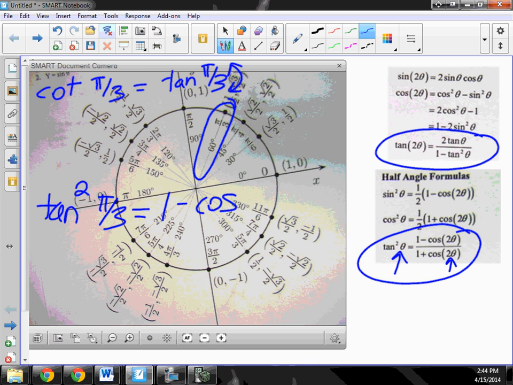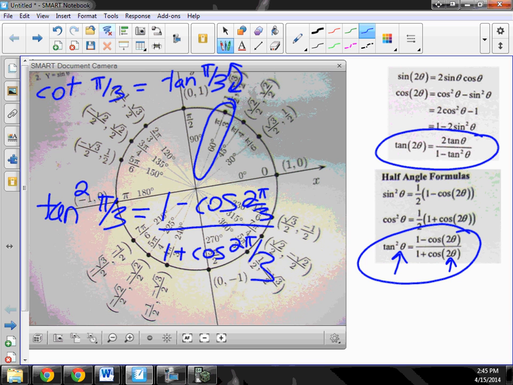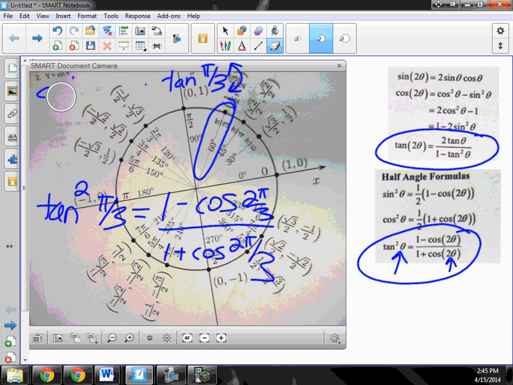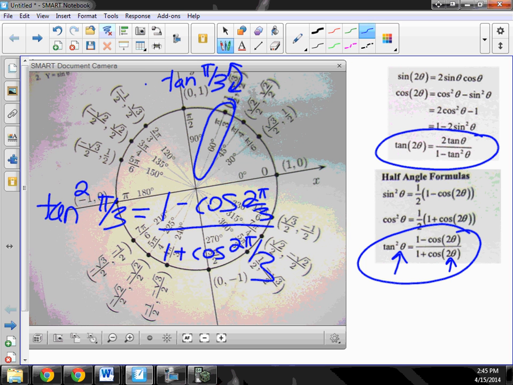So 1 minus the cosine of 2 pi over 3 divided by 1 plus the cosine of 2 pi over 3. What is the cosine of 2 pi over 3? Negative 1/2. So this is actually going to be kind of easy. So 1 minus negative 1/2 over 1 plus negative 1/2.